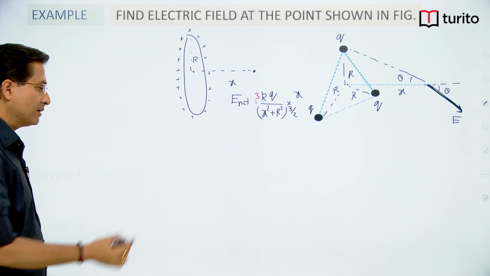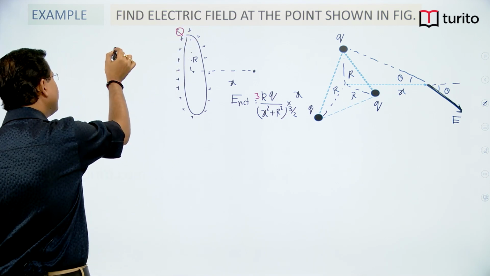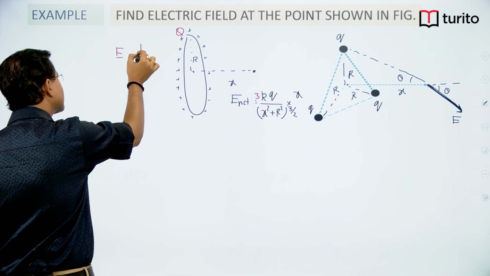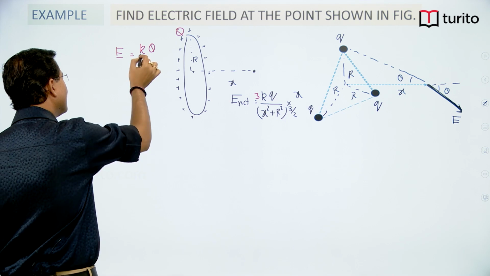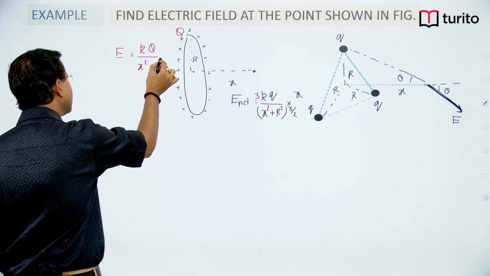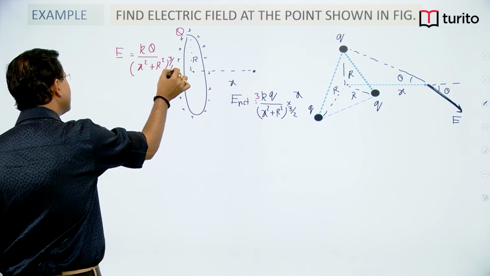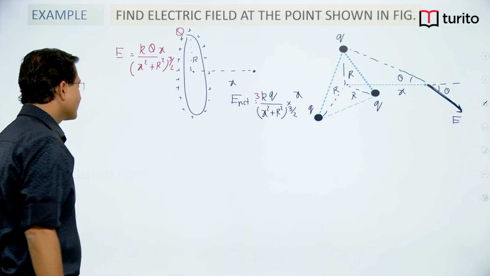If you look at this one, in the previous case the charge was q and the net field we got was k q divided by x square plus r square to the power 3 by 2, into x.